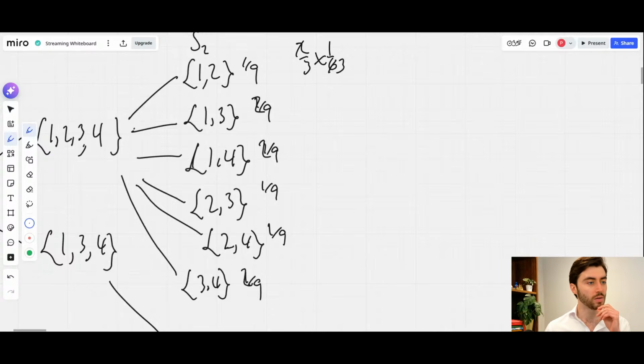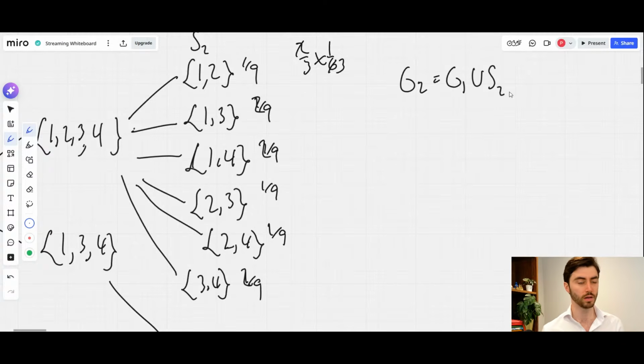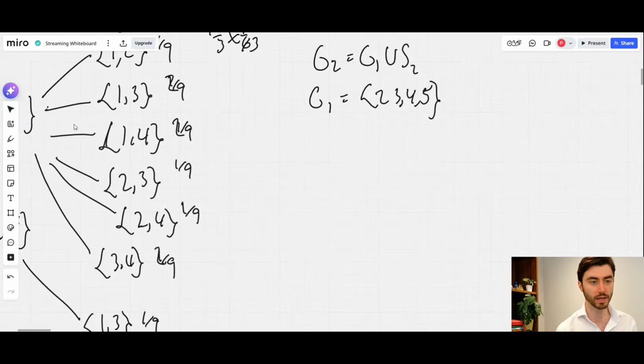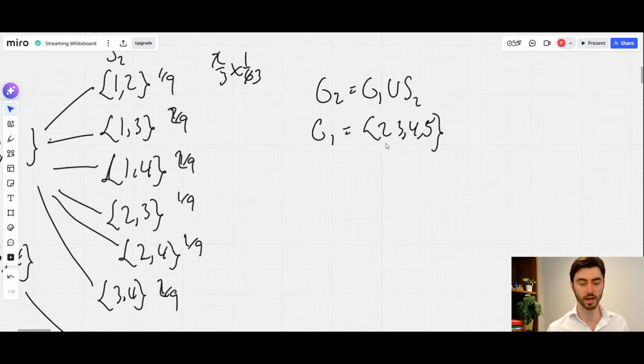Okay, now we know that G2 is G1 unioned with S2. So what did we know that G1 was? G1 was 2, 3, 4, 5. So we can now get all the possibilities for G2. G2 is this guy unioned with S2.